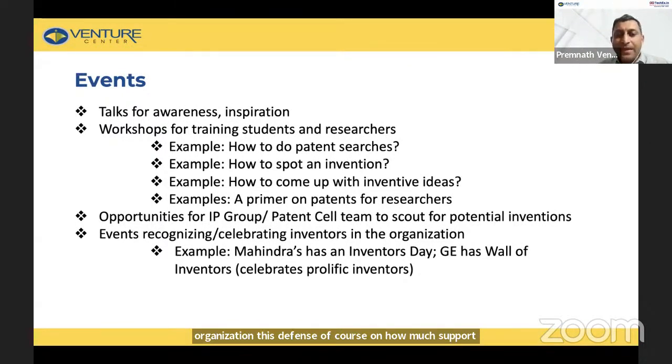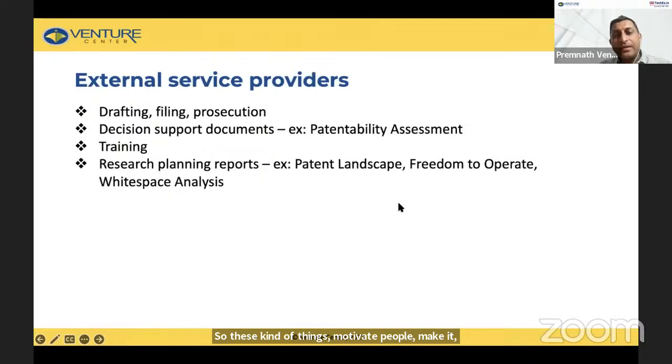But I've seen some very nice events, for example Mahindra's, which runs an annual Inventors Day. GE, for example, has a very nice wall of inventors celebrating prolific inventors in the organization as well. So these kinds of things motivate people, and make it interesting and worthwhile to be inventors in that organization.